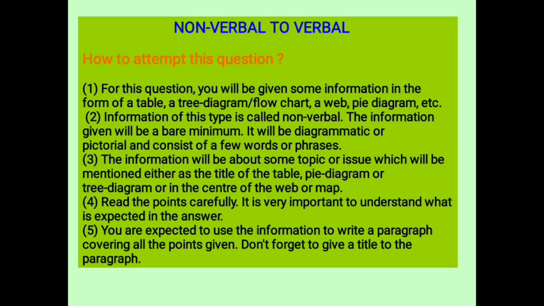So, read the points carefully. It is very important to understand what is expected in the answer. You are expected to use the information to write a paragraph covering all the points given. Don't forget to give a title to the paragraph. So, did you understand? A title is mandatory.